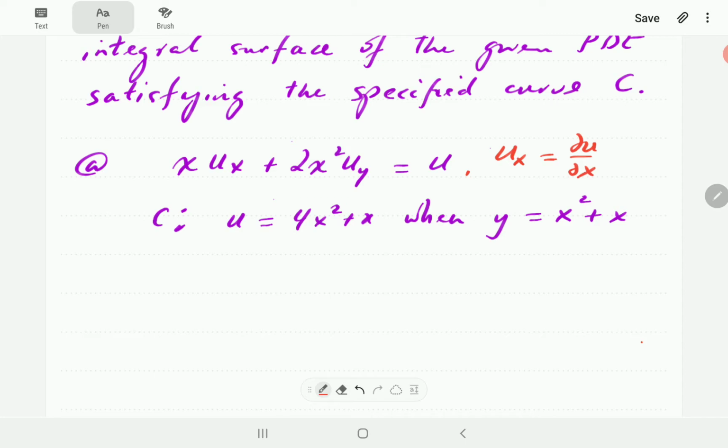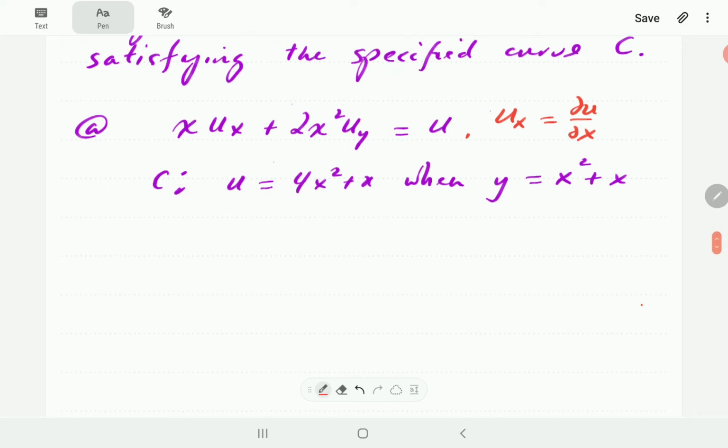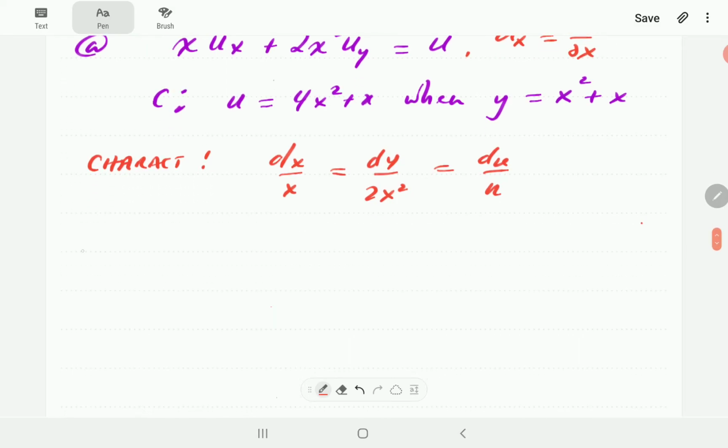Okay, so the first thing we need to do is to find the general solution. For the general solution, we need to integrate the characteristic equations, which will be dx over x equal to dy over 2x squared equal to du over u.